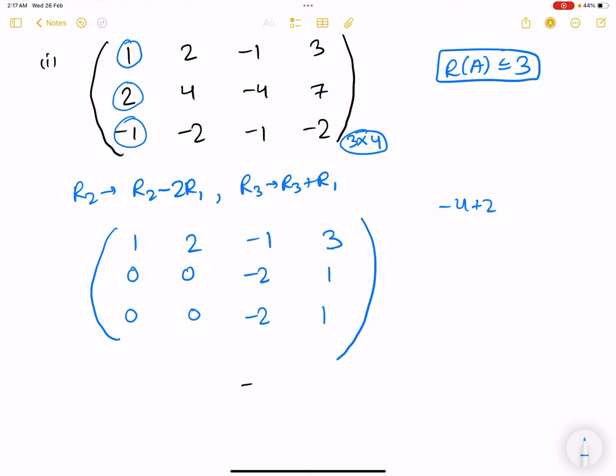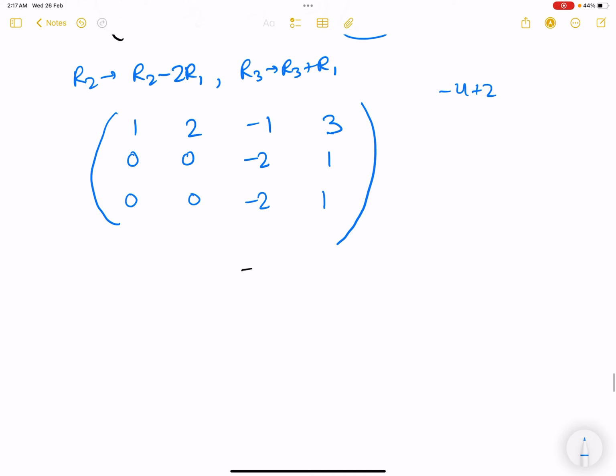So you will see if you divide this by, okay, now R2 goes to minus 1 by 2 R2. So this would be 1 0 0, 2 0 0, minus 1 1, minus 2 3, minus half 1.